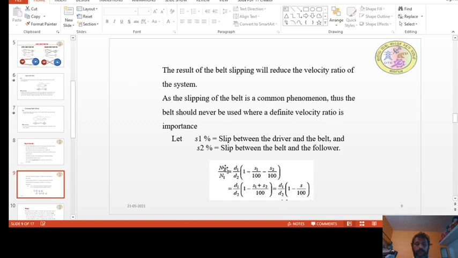Otherwise it is N2 by N1 equal to D1 by D2. By introducing slip, the ratio decreases.